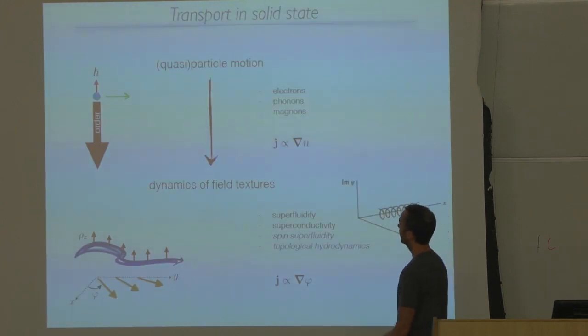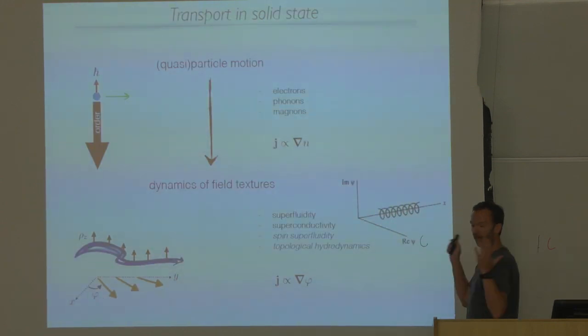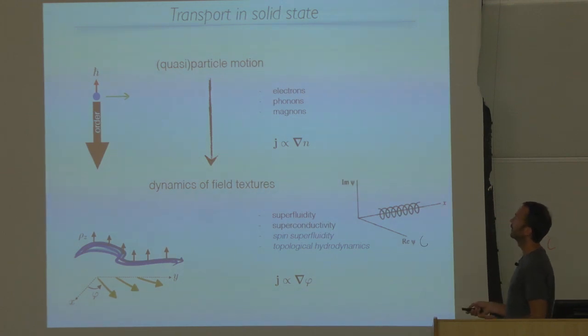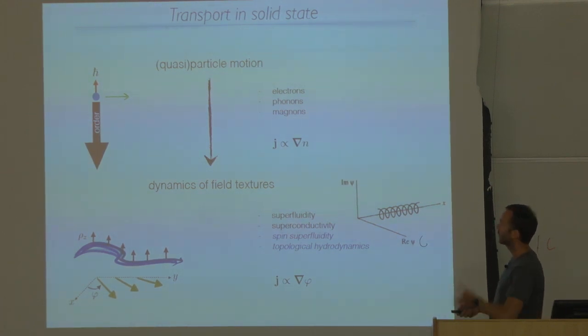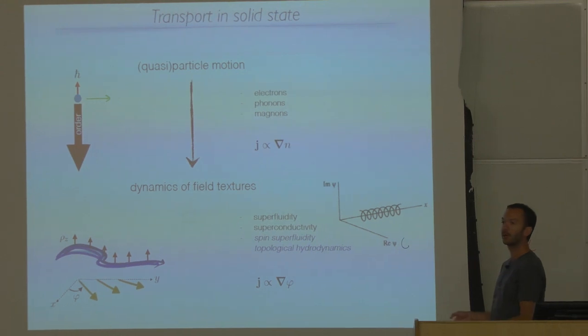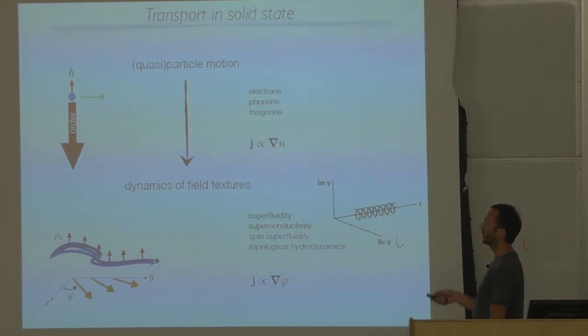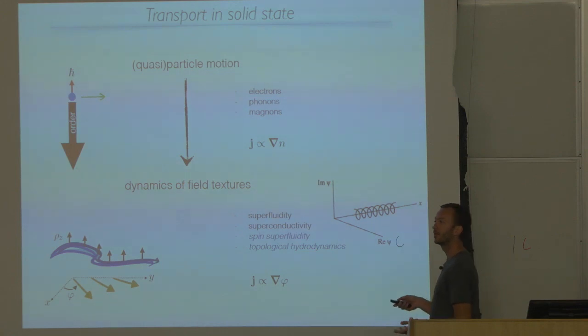Okay, so like I said, let's take a step back. Historically, when you think of transport in solid state, the first thing that comes to mind is some kind of particle motion, like electrons moving, as in the Sommerfeld theory of conductivity of metals.